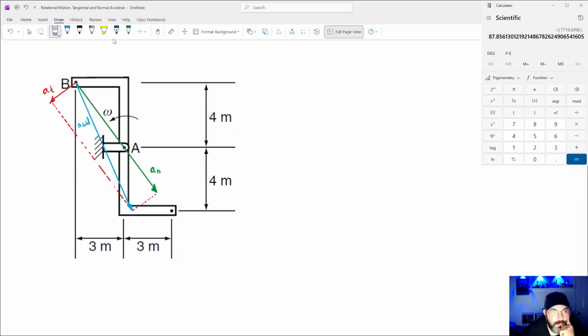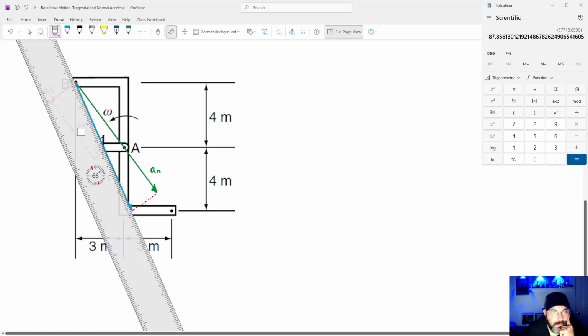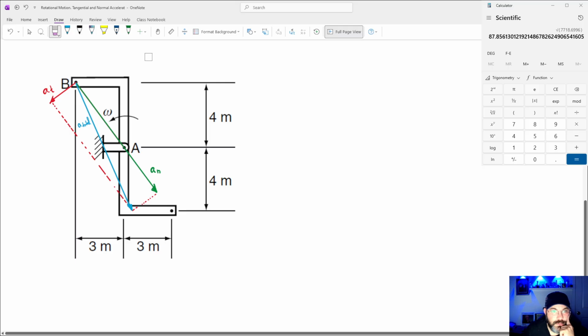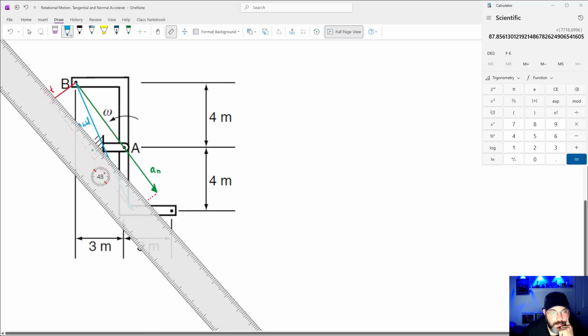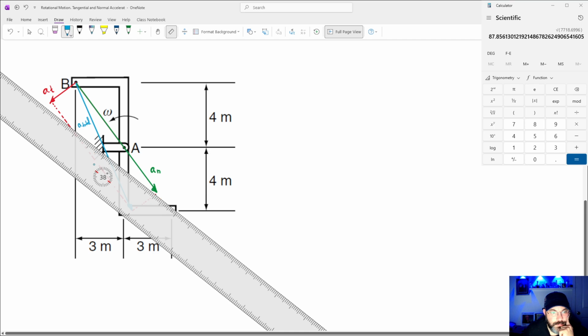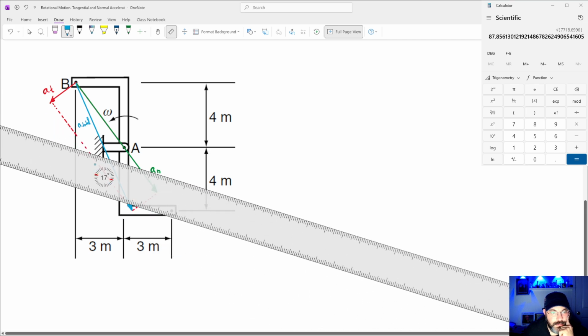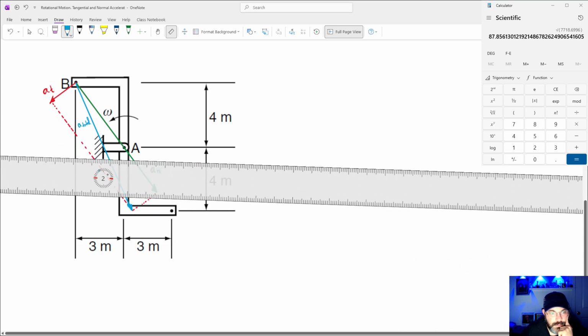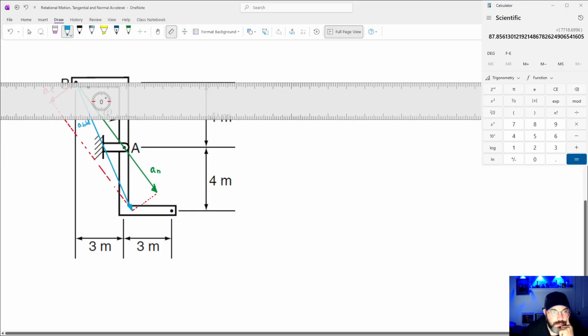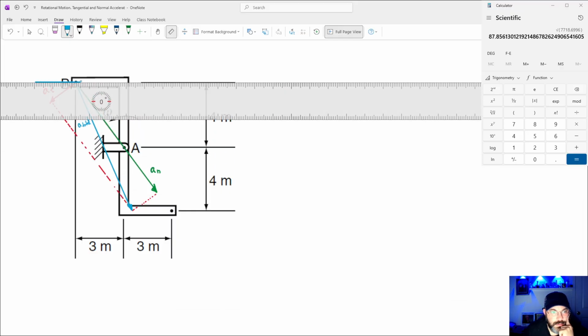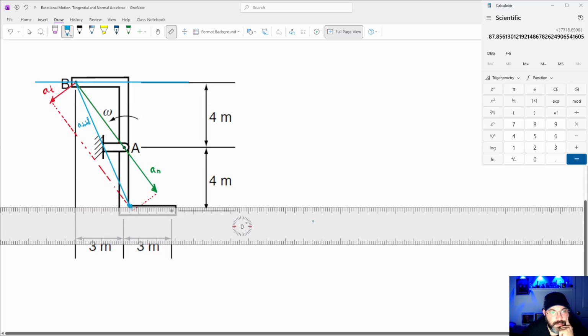Okay, so now the only thing is the direction, because we already know the magnitude. We just need to define direction. Okay, so let's think how we can do it. Let's maybe draw a horizontal line, which is going to be our reference, let's say.